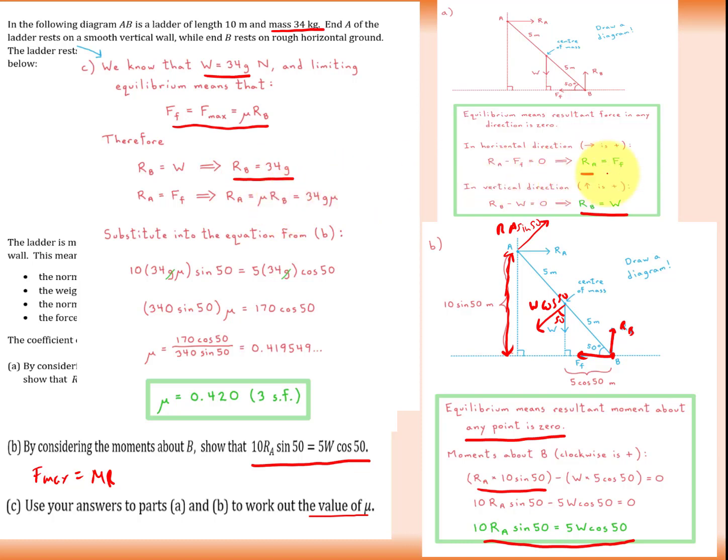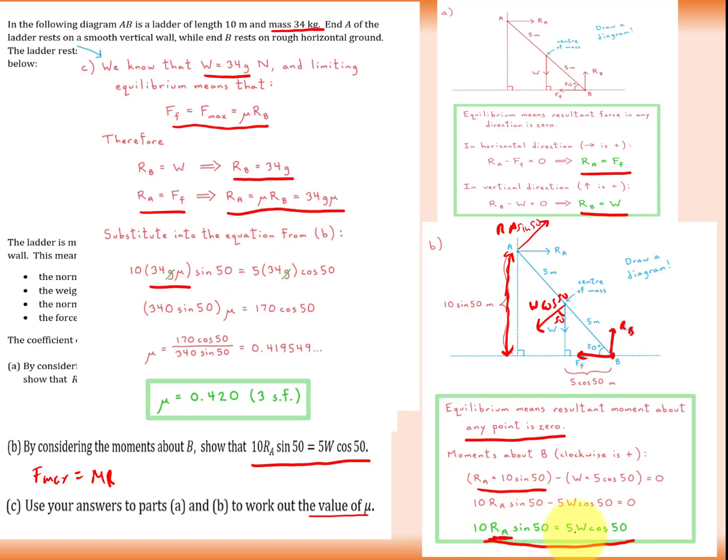We showed that RA equals FF at the start, right, so RA must equal this like so, equals 34G mu, and there's an easier way to substitute this. I'm not really the biggest fan of how they've done this. So now we can substitute this value for RA from B. So can you see we've substituted this 34G for RA here.